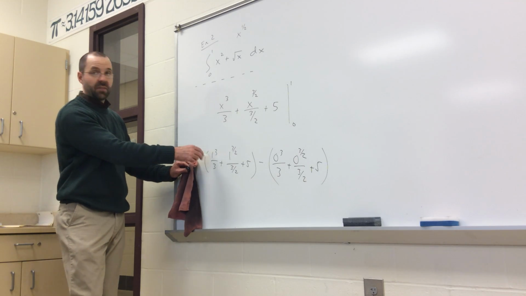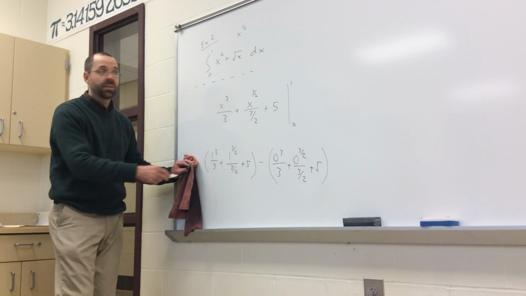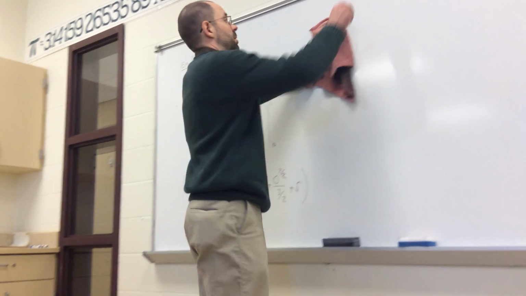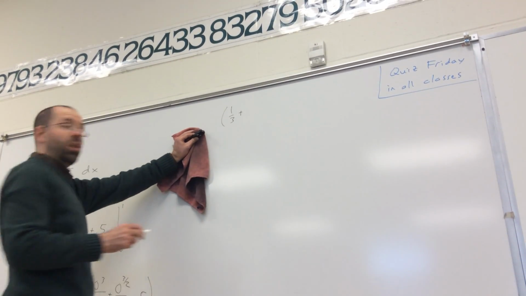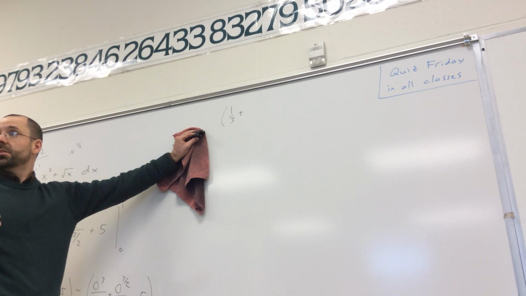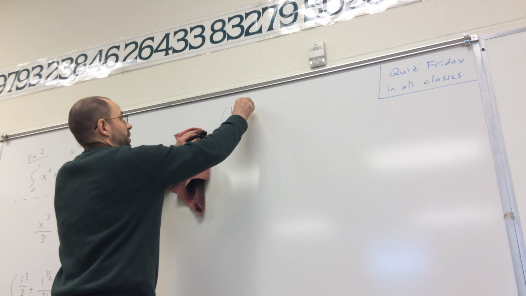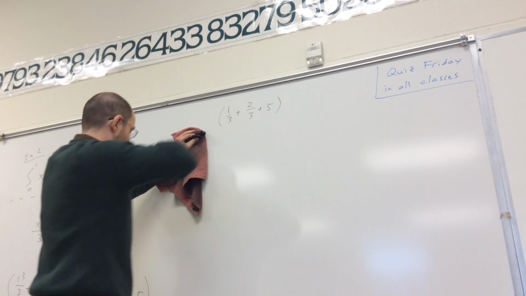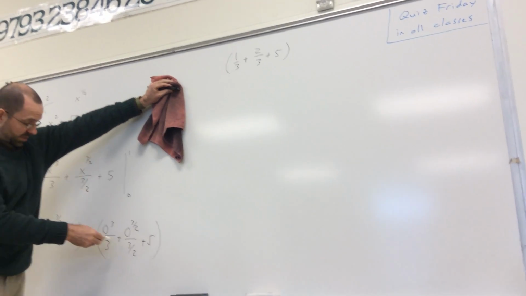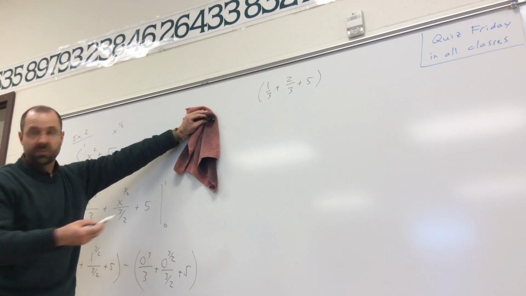Okay, 1 cubed is obviously 1, so that's going to come out to 1/3. And then 1 to the 3/2 is 1. 1 divided by 3/2 is 2/3. And then for this, that's obviously 0 plus 5, so 5.